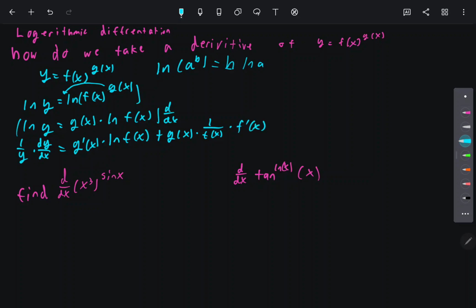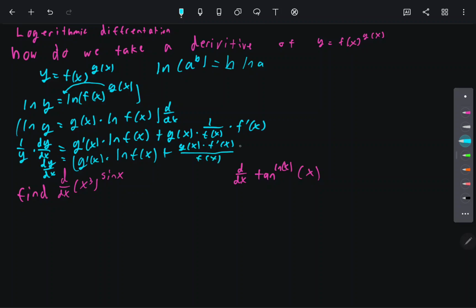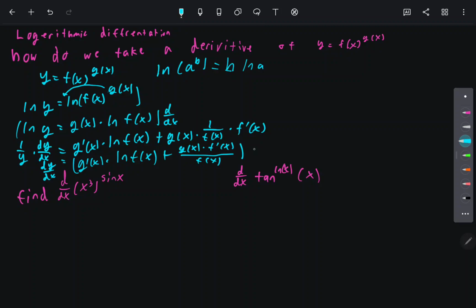And then now all you have to do is multiply the y over, so you'll get dy dx is equal to all of this jumble over here, times by the natural log of f of x plus g of x times by f prime of x all over f of x, times by y. And the final step that you do is always sub in the y for the original function. So you'll get f of x to the power of g of x.